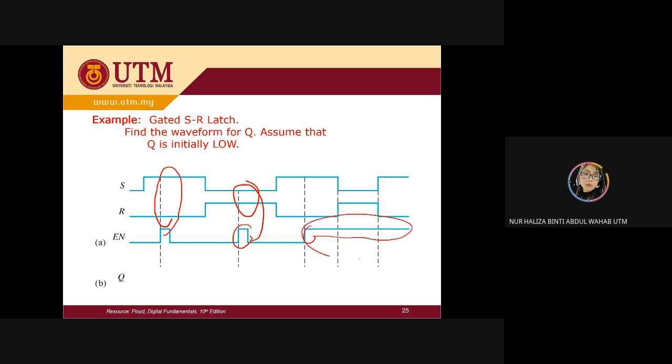If it is 1 all here, you need to consider your input. For the rest, for 0, 0 here, you just follow your previous output.